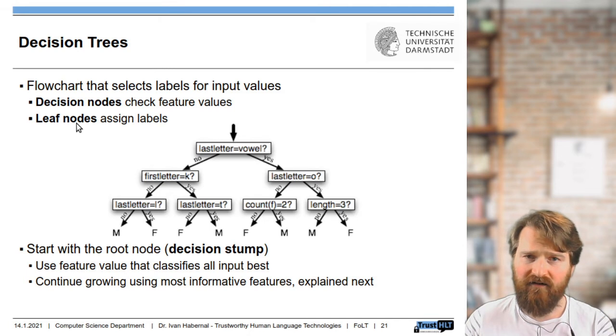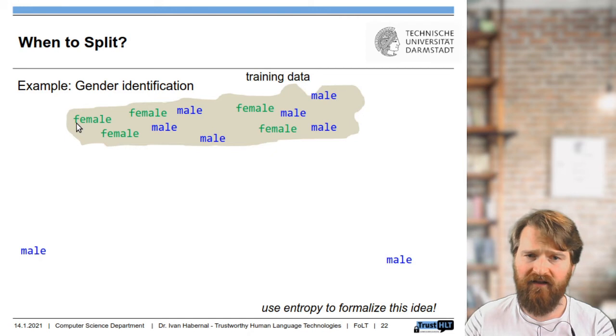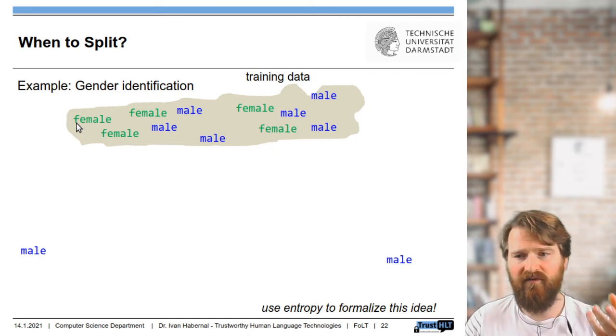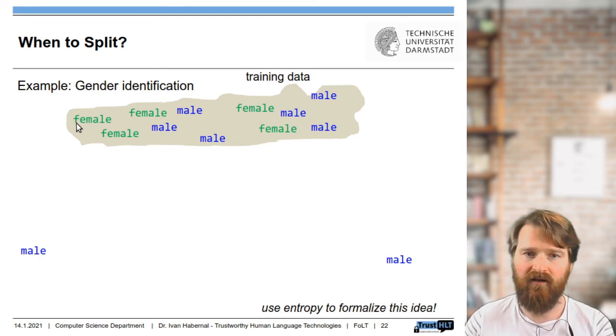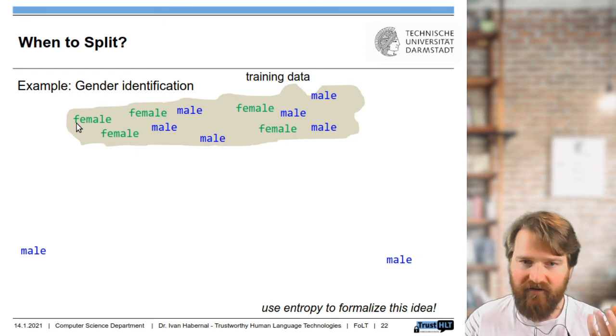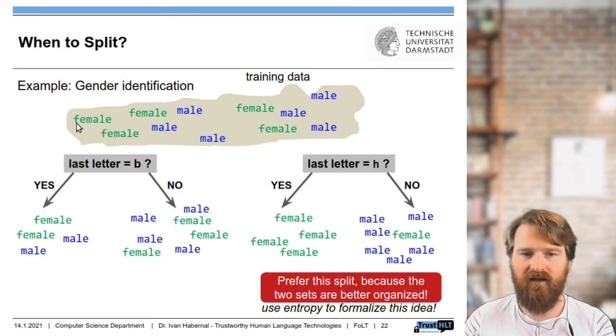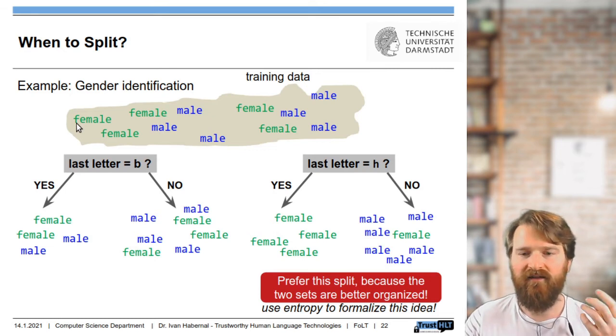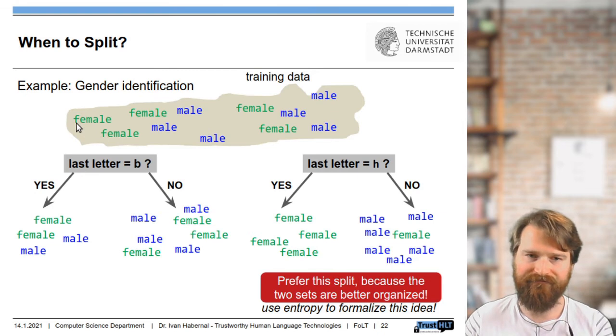Why is this an interesting classifier? We can use the path on the features to explain the actual decision. Here's the example of gender identification again, male and female names, and how we train the model is that we prefer splitting on features that are very informative.